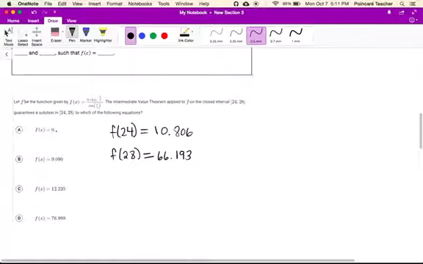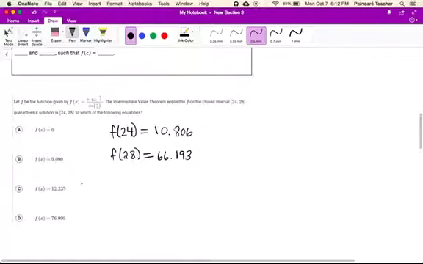So 0 is not between those two numbers. Therefore, the intermediate value theorem can't guarantee us that the function will go through 0. 9.090 also is not between these two numbers. So again, you can't guarantee that the function passes through this value on this interval.